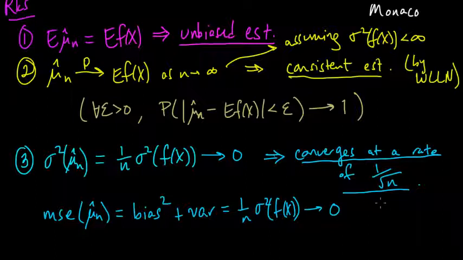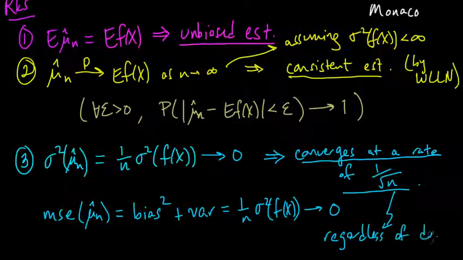But the nice thing, at least, is that it's going to 0, and also this is regardless of the dimension of the space that this random variable x is taking values in. So x could be some super high-dimensional random vector, and yet if you do this Monte Carlo estimate, you're still getting the same rate of convergence.